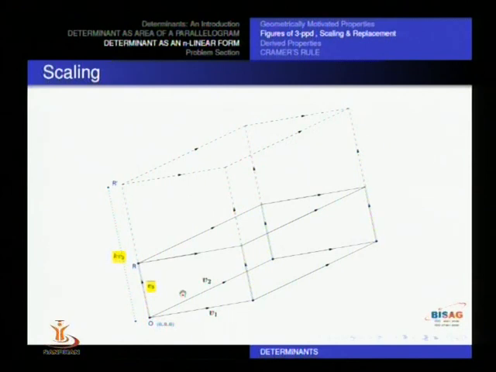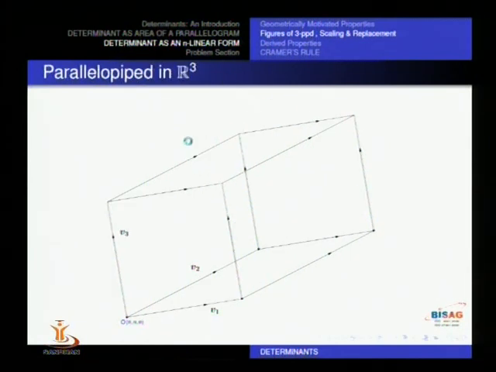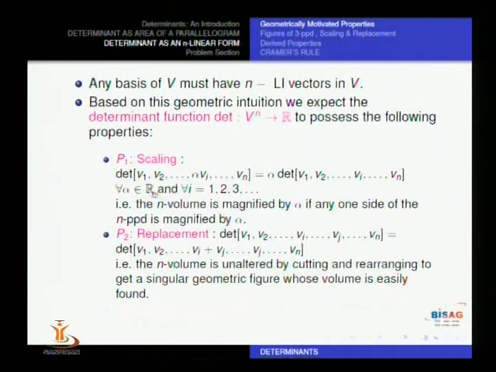This is what scaling means. So this is the scaling property: if one of the vectors you magnify by some quantity alpha, then the entire volume gets magnified by the same quantity alpha.